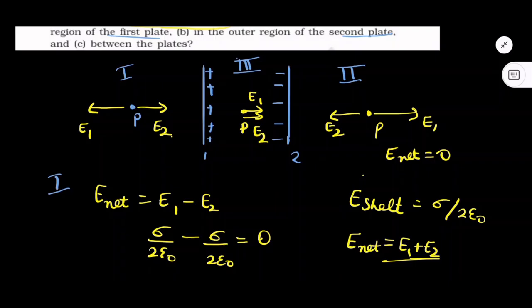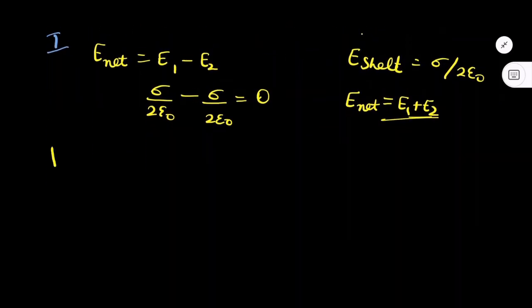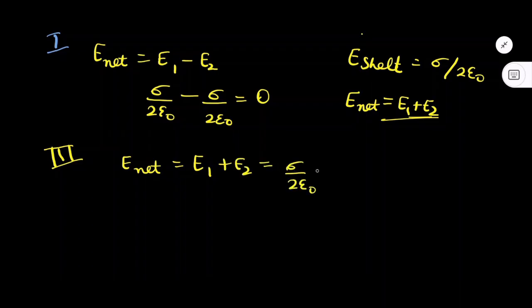So for the third region, both have the same direction, so the net field is E1 plus E2, which is sigma upon 2 epsilon naught plus sigma upon 2 epsilon naught. We'll get sigma upon epsilon naught, right?